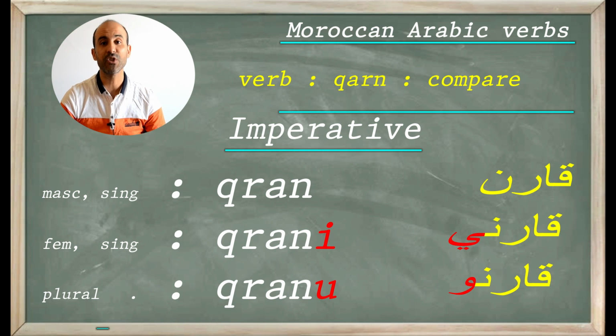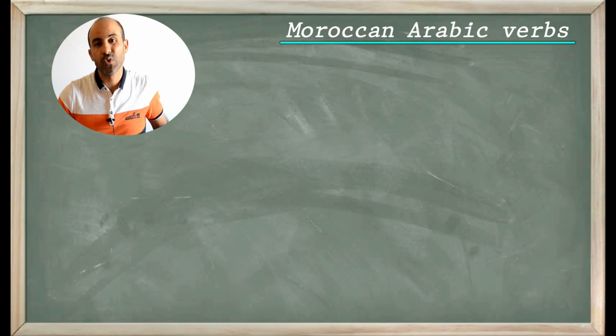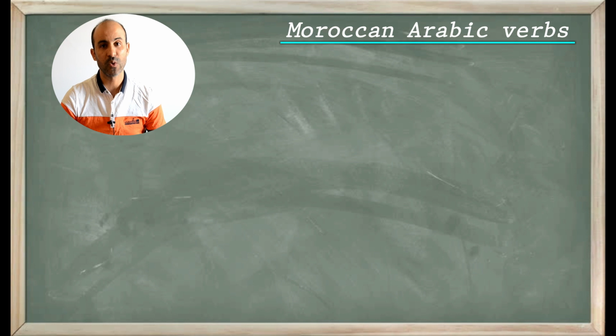If you are talking to a group of people, it's قارنوا. So let's practice them. Can you say قارن? Good. قارني. Good. قارنوا. Great. Now let's move to two sentences using this verb.